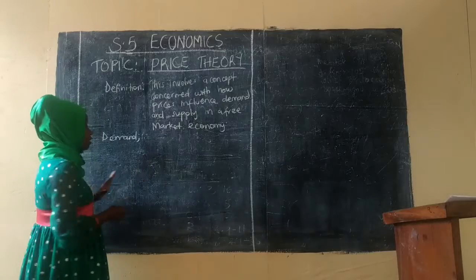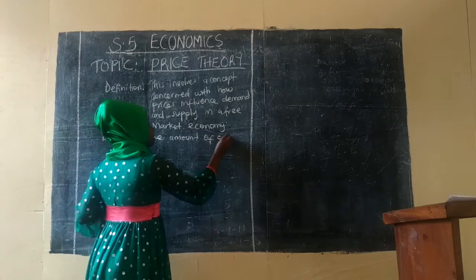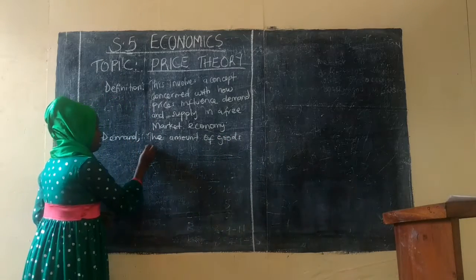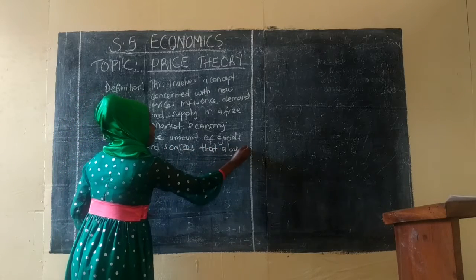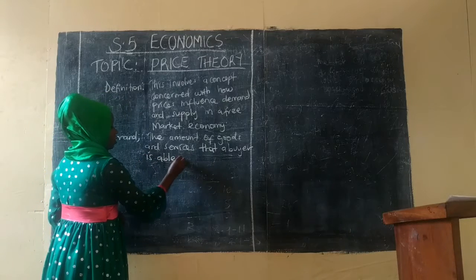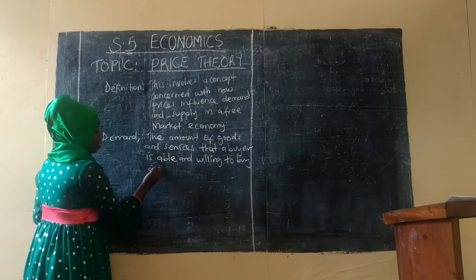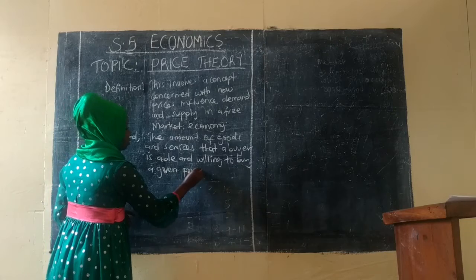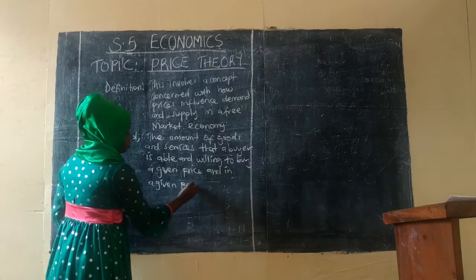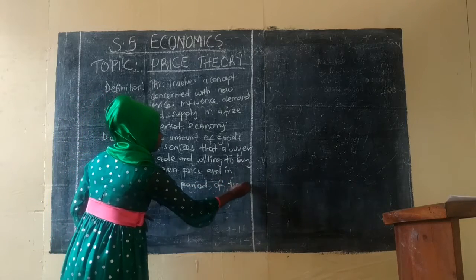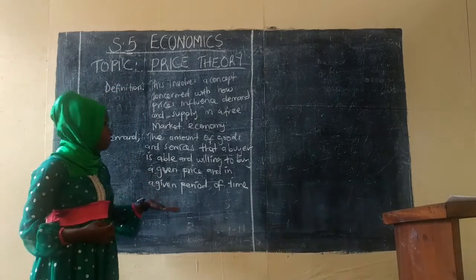Or we can say that demand is simply the amount of goods and services that a buyer is able and willing to buy at a given price and in a given period of time.